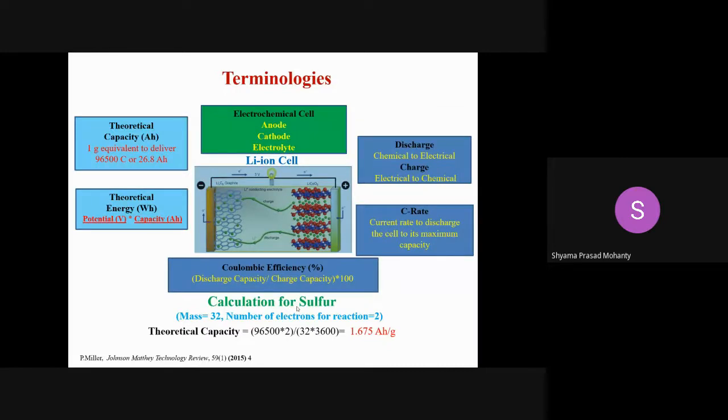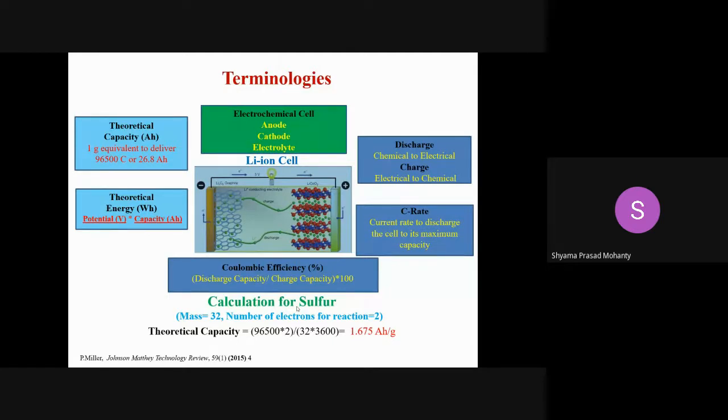So these are some of the terminologies in the case of batteries. You have the theoretical capacity, that 1 gram equivalent, which can deliver about 96,500 coulomb. We have already discussed the electrochemical cell charge and discharge. Then you can calculate the theoretical energy depending on the potential, the capacity, and the coulombic efficiency: how much you are charging and how much you are getting in the discharge.